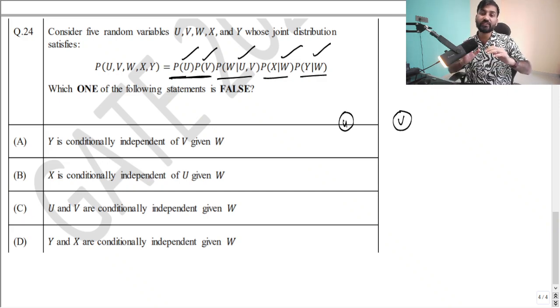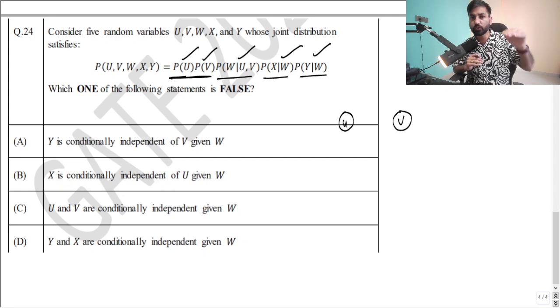Now w is w given that u and v. So w is coming after u and v. See, u and v can come in any order, it does not matter here. You have to keep in mind the DAG, directed acyclic graph, sorting.